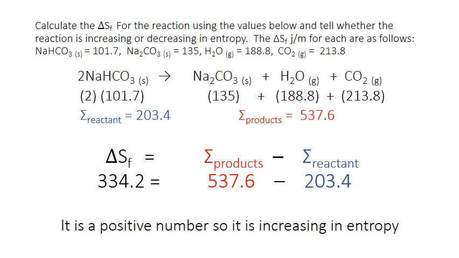You see that 3 is more disorderly than 2 pieces. Also, you see that you're going from a solid state, which is orderly, to a solid and 2 gases. So that is more disorderly. So when you do your summation, you expect that it should be a positive number because it should be increasing in disorder.